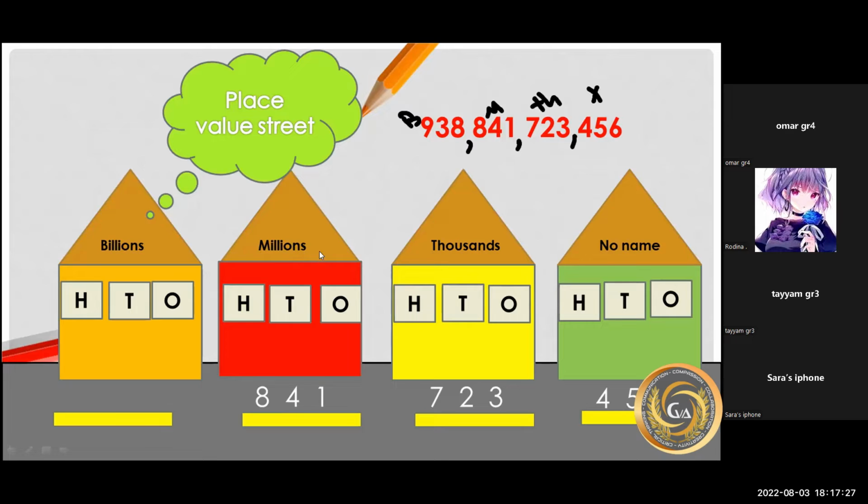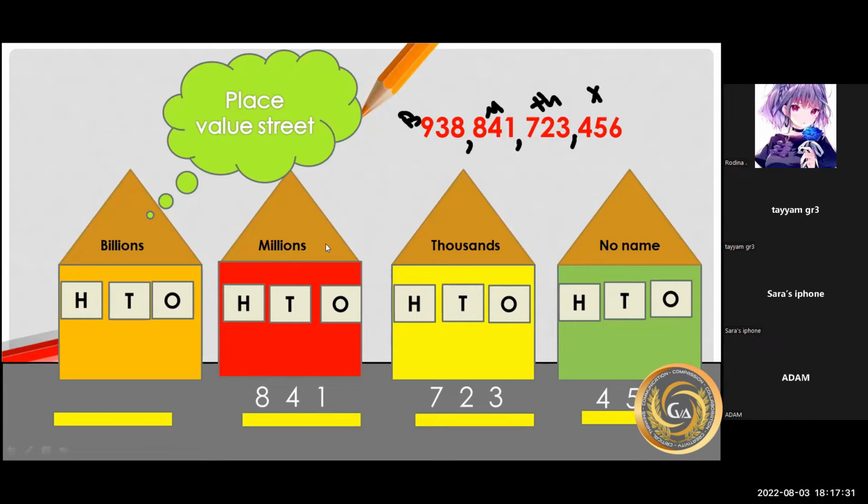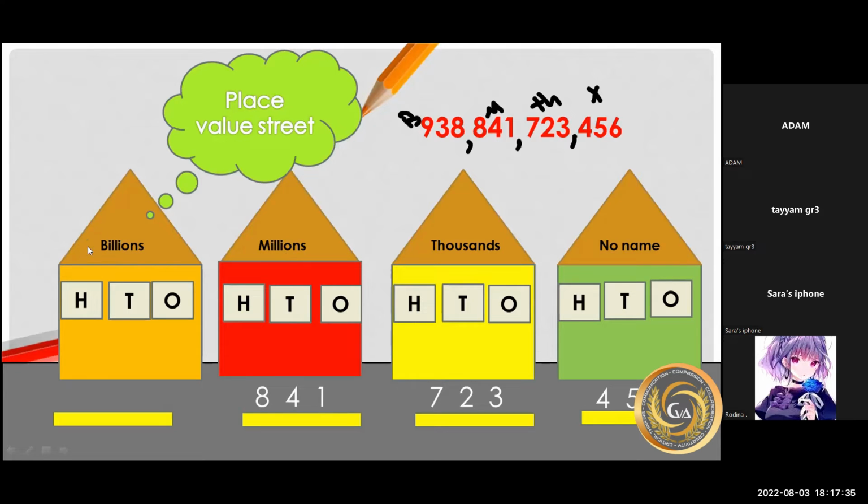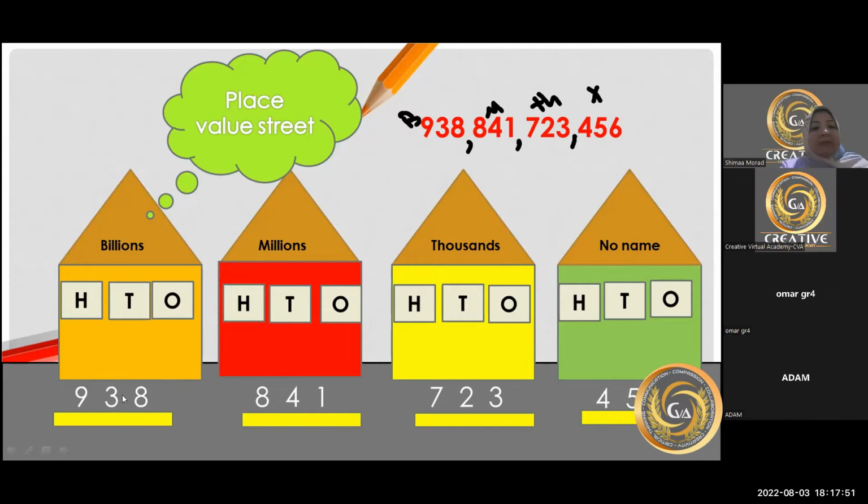Okay, any problem in the place value here? No. Okay, and after millions house, what about the greatest house here? Billions, very good. Now I want to put the 3 digits 938 in billions house. 8 is what? 1 billion.